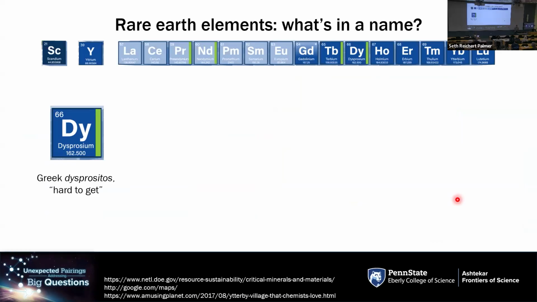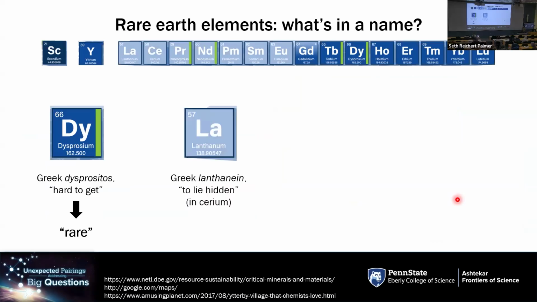Dysprosium comes from a Greek word for difficult to obtain, and the term rare in rare earth elements reflects the difficulty of purification of these elements. Lanthanum, for which the whole lanthanide series is named, comes from a Greek word for lying hidden, because this element was initially found as an impurity in a previously discovered rare earth called cerium.